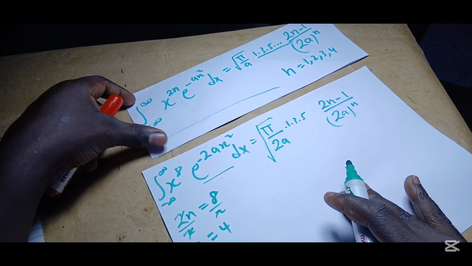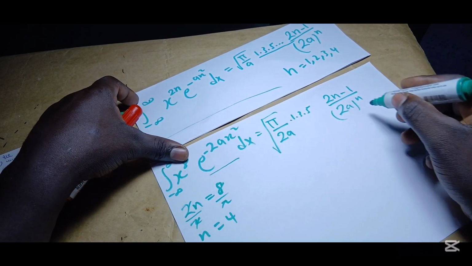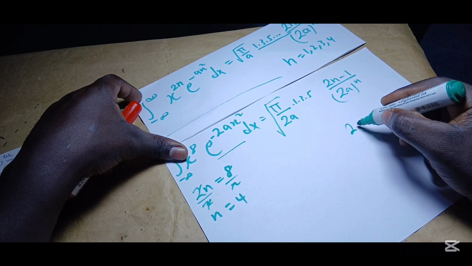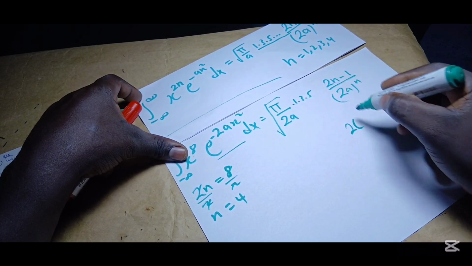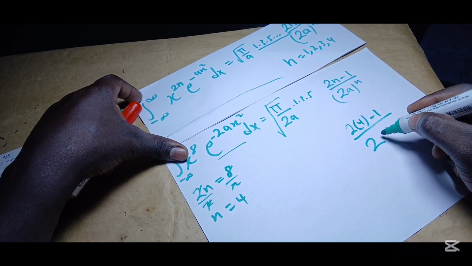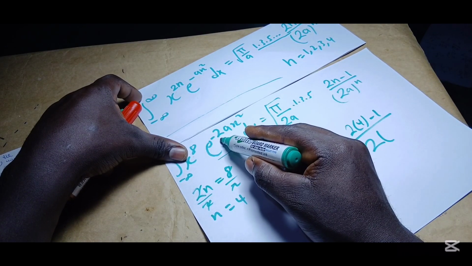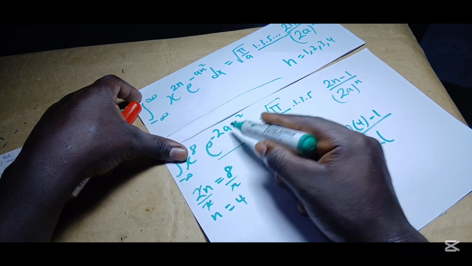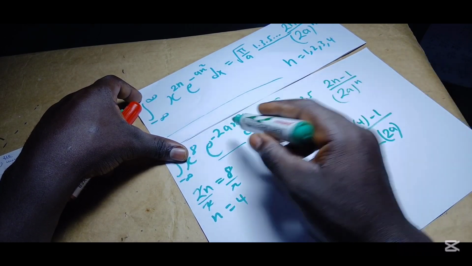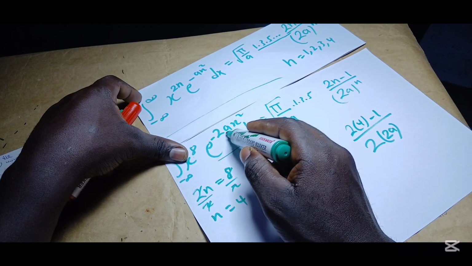So now that we know our n, let's evaluate 2n minus 1. 2n minus 1 gives us, our n is 4, so 2 by 4 minus 1, all over 2a. What is our a? Our a is the coefficient of x squared, and here the coefficient of x squared is 2a.